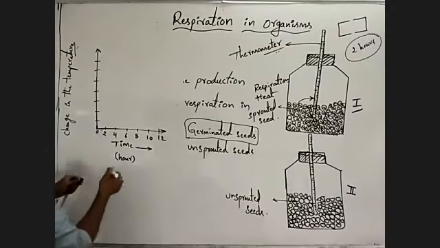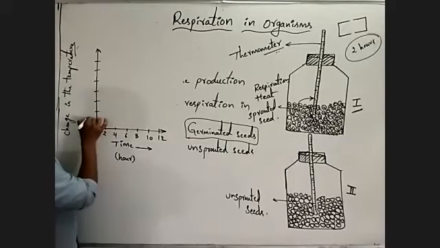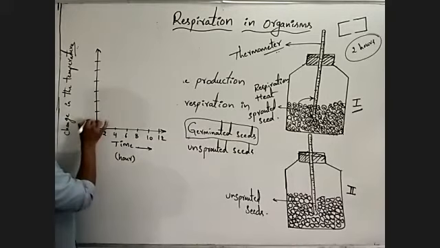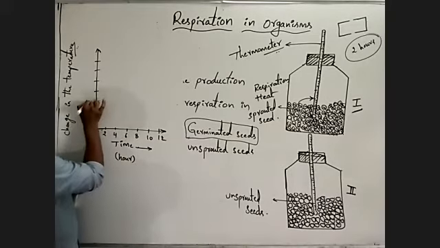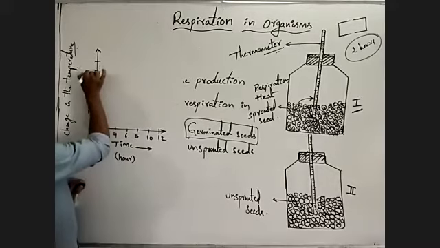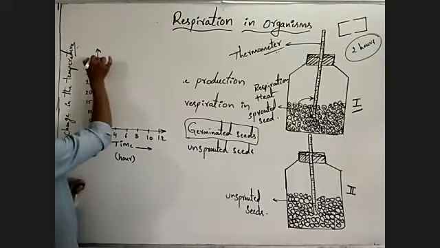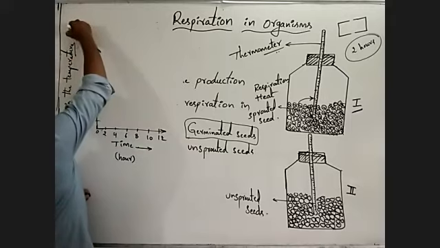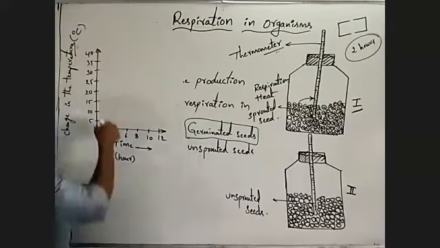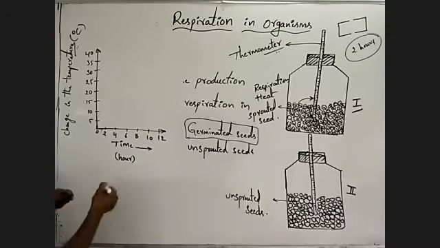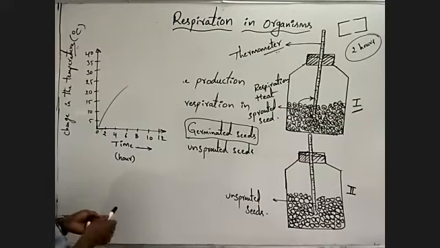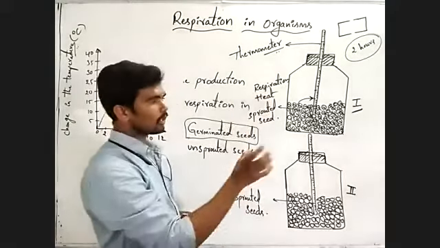Here temperature 5, 10, 15, 20, 25, 30, 35, 40, in degrees centigrade. Like this, you have to draw this type of graph by using your data or your information.